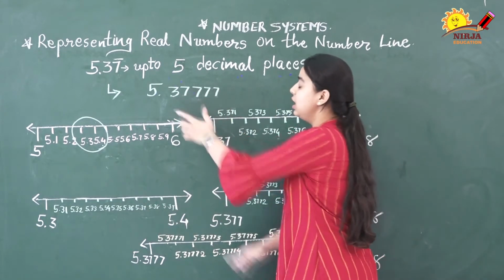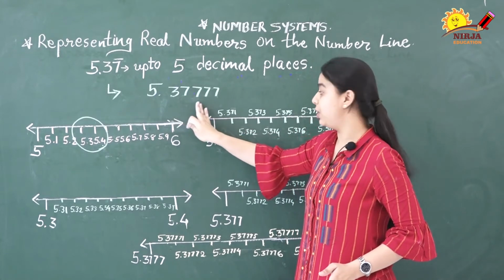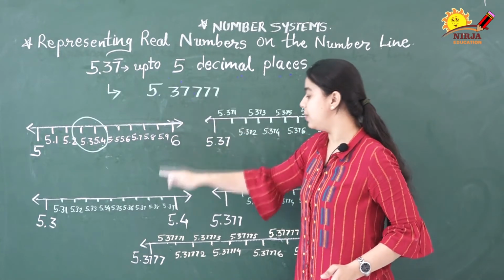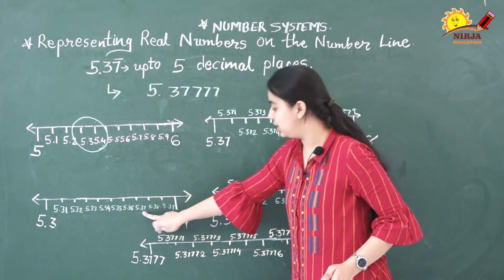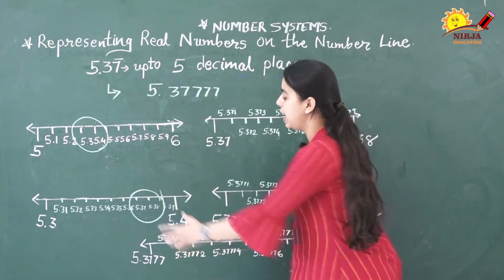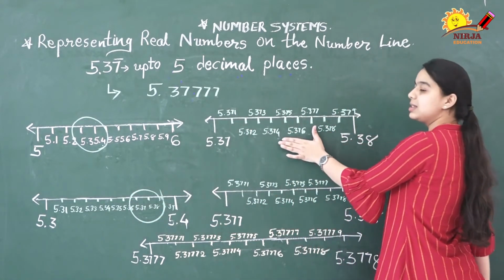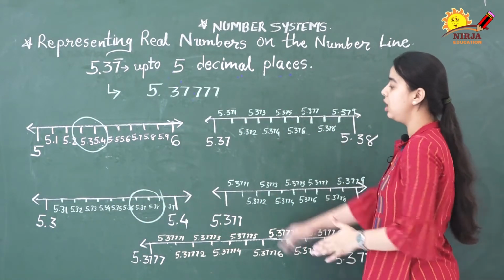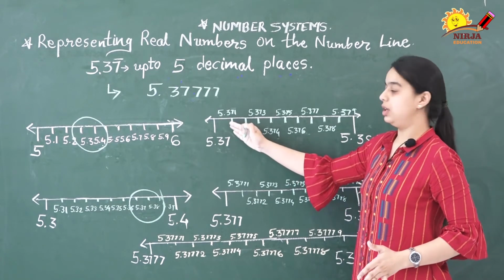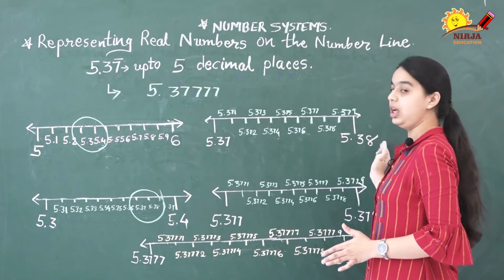If you have seen, this number lies between 5.37 and 5.38. Where is it on the number line? Here, 5.37 and 5.38. Again I have taken only this portion of the number line and drawn a separate number line for that portion: 5.37, 5.371 and so on up to 5.38.